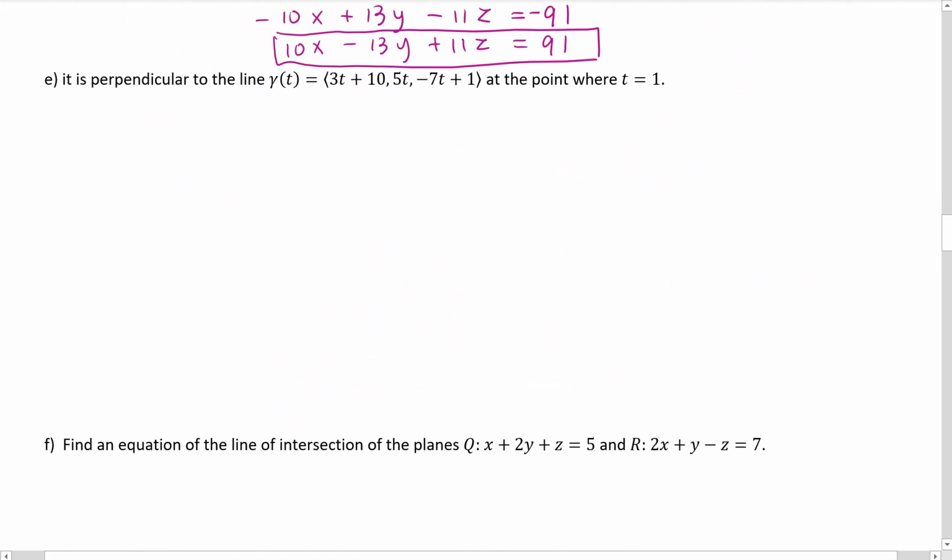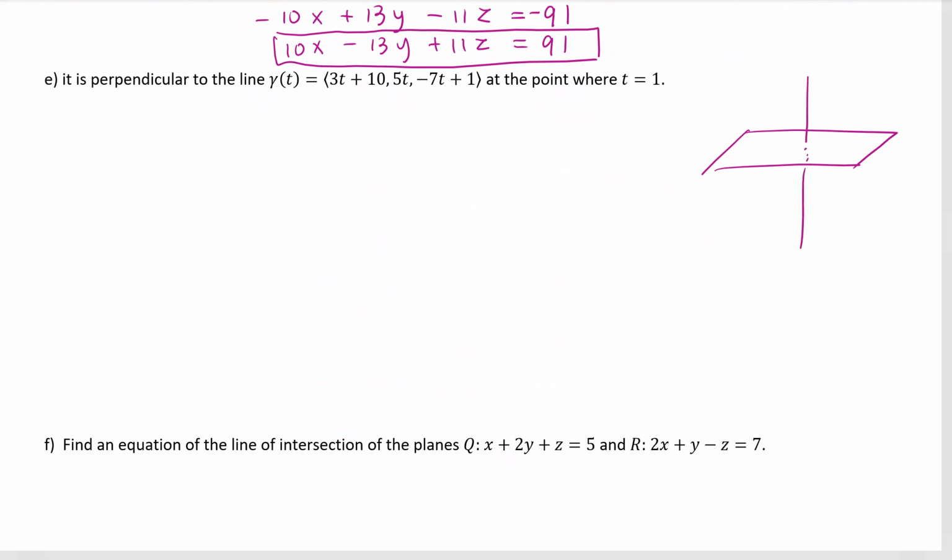The plane is perpendicular to the line. Oh, so look at this picture. We have a line, and the plane is perpendicular to it. Can you find the normal vector? Yes, it's in the same direction as the line, right? So how do we find the direction of the line?